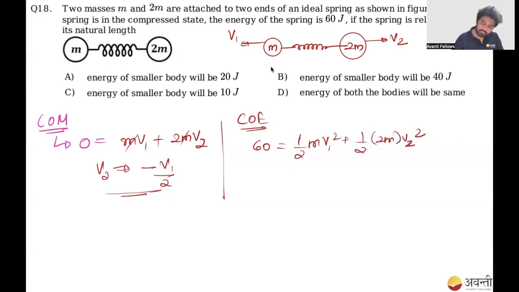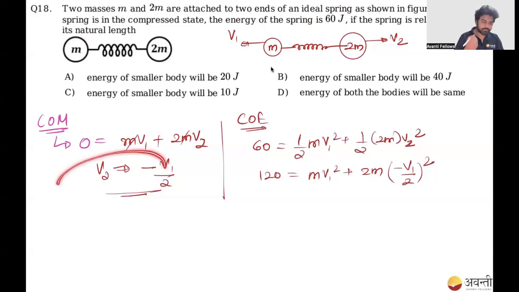We will bring this half on the other side, 120 is equal to m v1 square plus 2m. In place of v2 we can put minus v1 upon 2, which we obtained from the first equation.